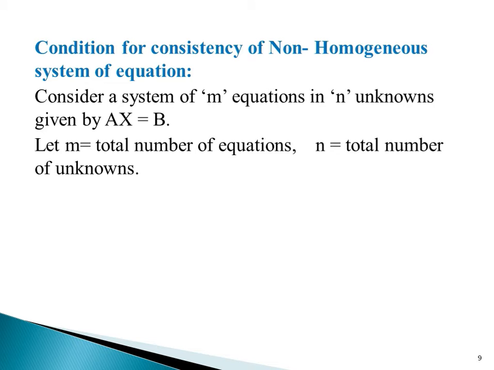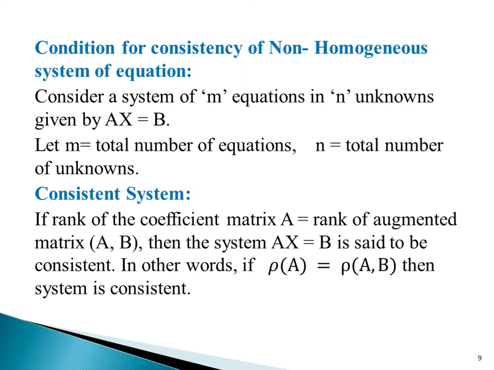Okay, now the consistent system: if the rank of coefficient matrix A is equal to rank of augmented matrix AB, okay, remember this, rank of matrix A is equal to rank of matrix AB, then the system Ax is equal to B is said to be consistent, right?